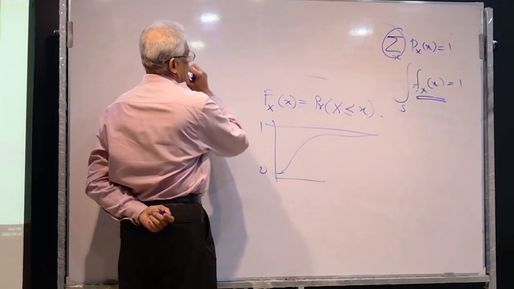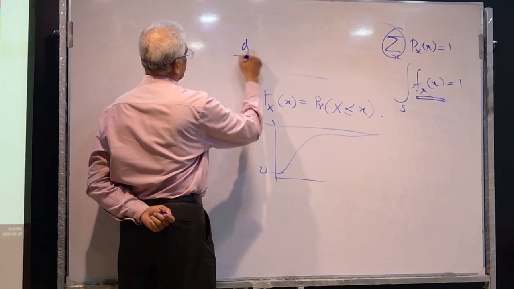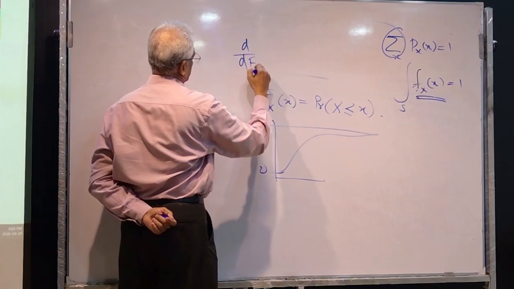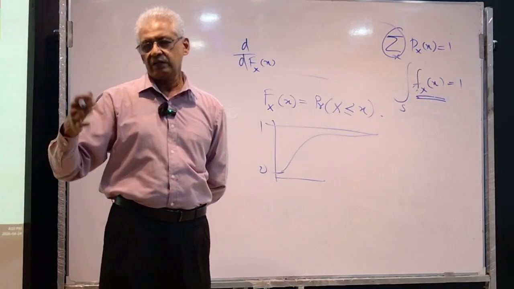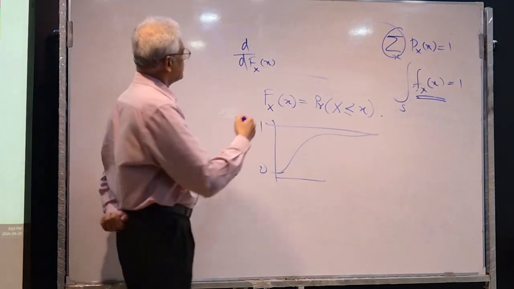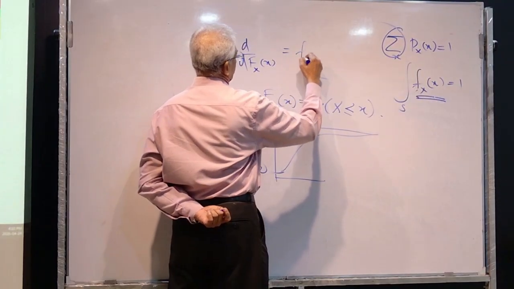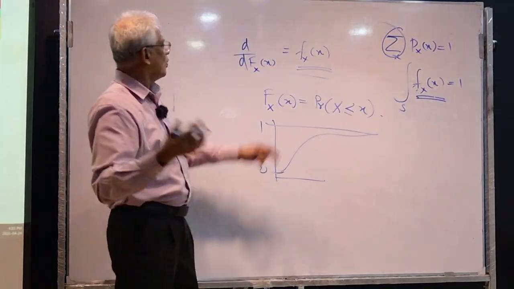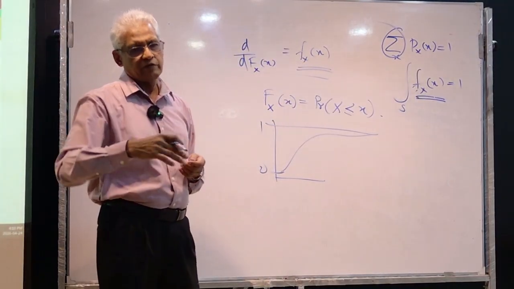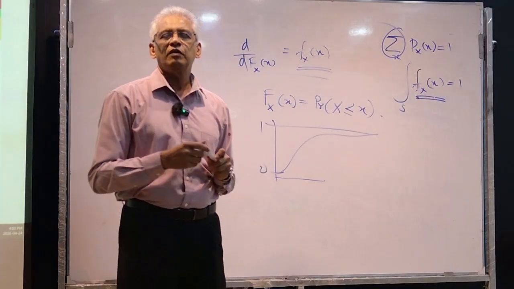Then let's define the derivative at x, and denote that derivative by f(x). The derivative is the slope of the function at x.